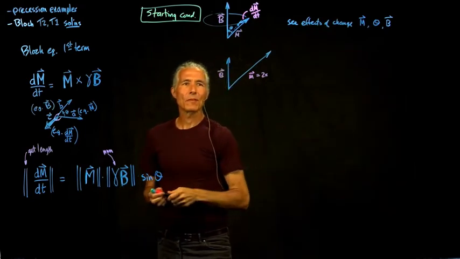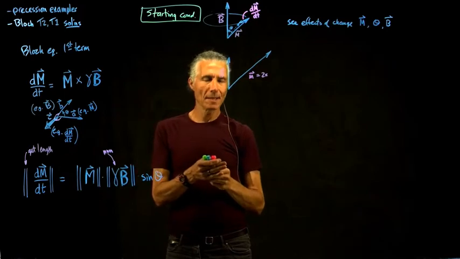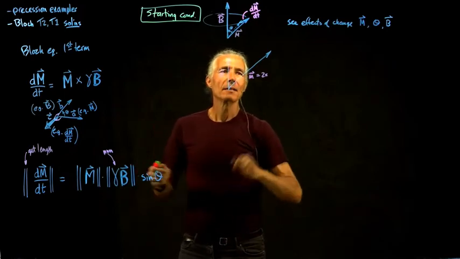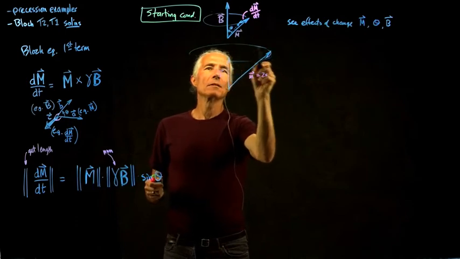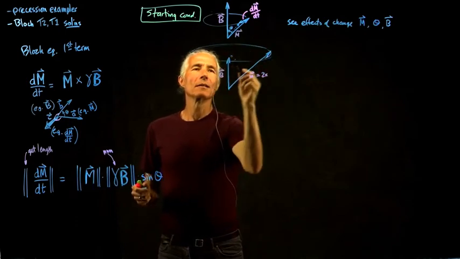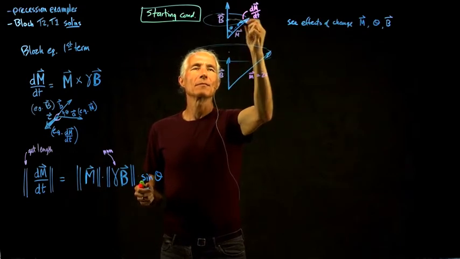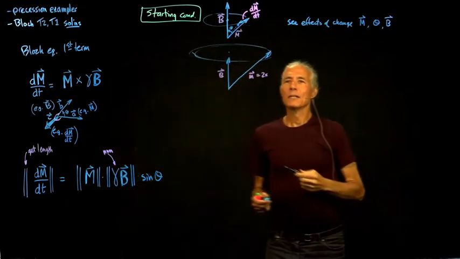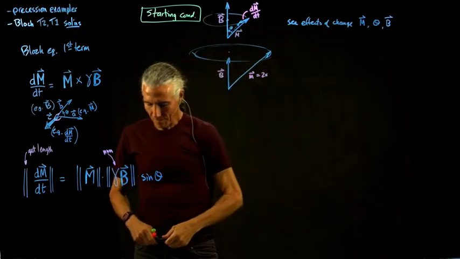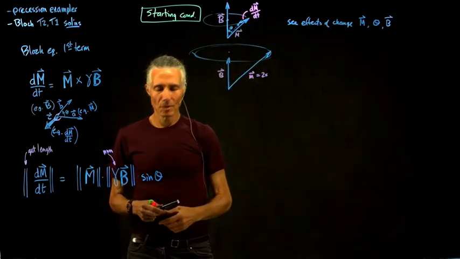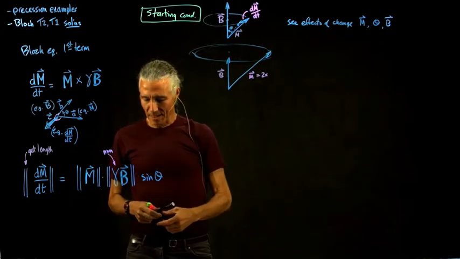So now what happens? So now what's going to happen is the M vector is going to be precessing around a bigger circle, like that, because there's the center of the circle. So what is that going to do to the dm dt?